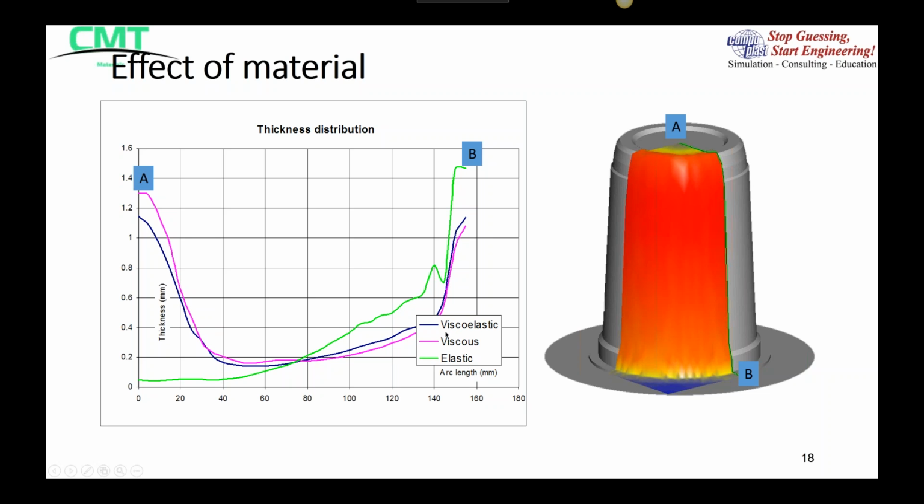And this is what I was talking about, the reverse engineering of the material function. We actually form this cup, we measure this thickness, so we have physical data points on this graph, and then we adjust the behavior between purely viscous and purely elastic so that we can match our thickness distribution in our experiment.